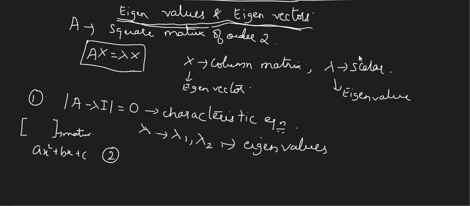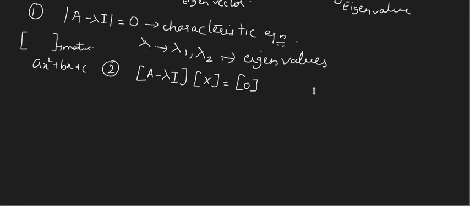To find that, we take a system of equations like this: the matrix A minus lambda I into the matrix X is equal to a 0 matrix. This is called a system of homogeneous equations. Don't worry about the bigger names, this is very easy.